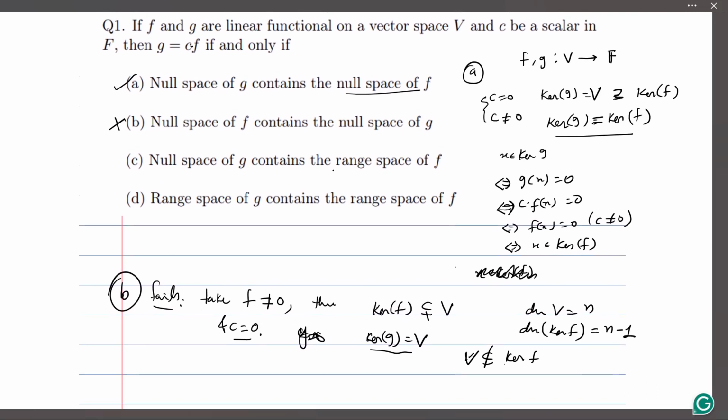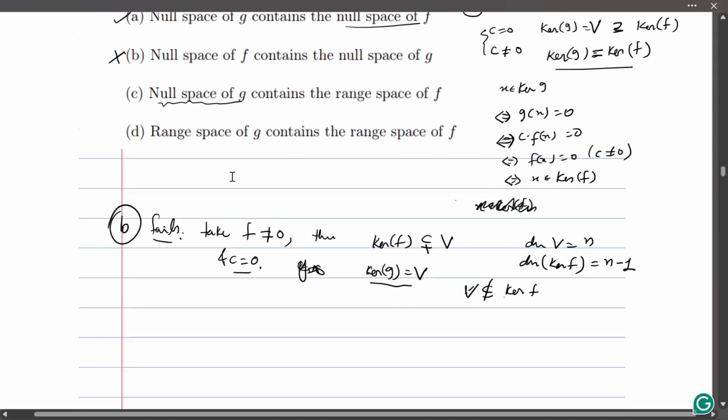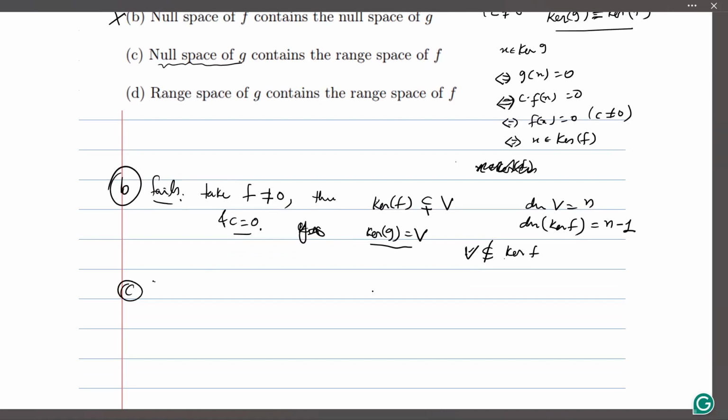What about C? Null space of g contains range space of f. This is anyway false. I'm writing here, C is false.